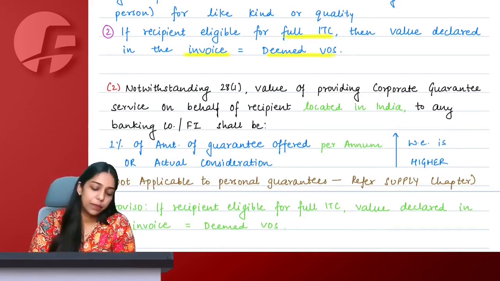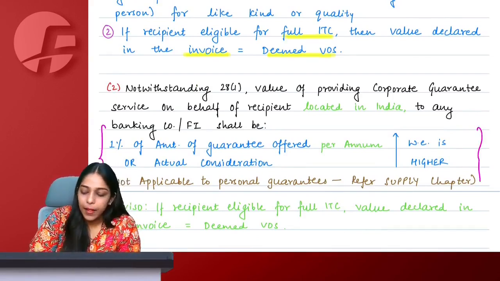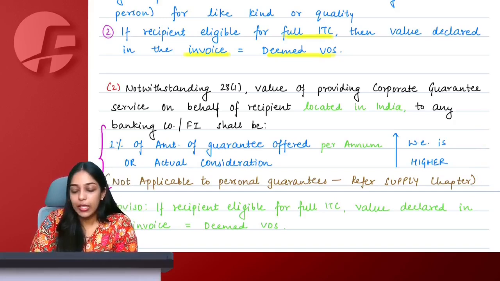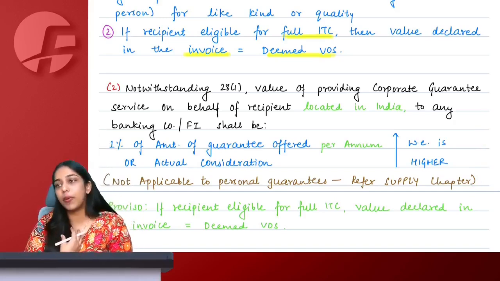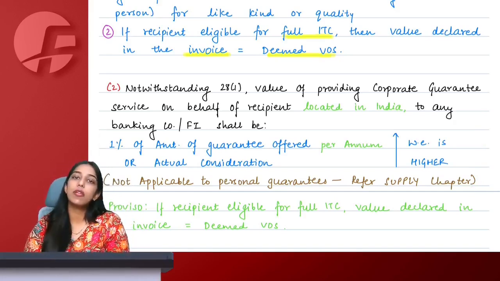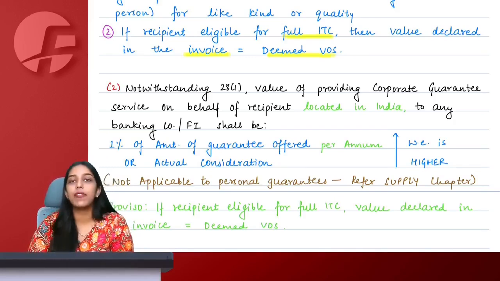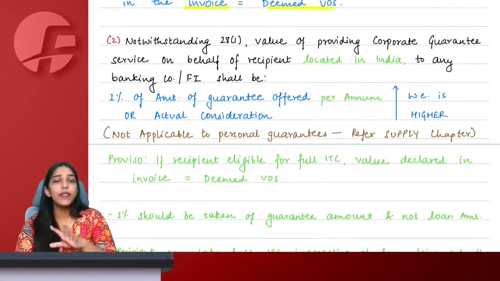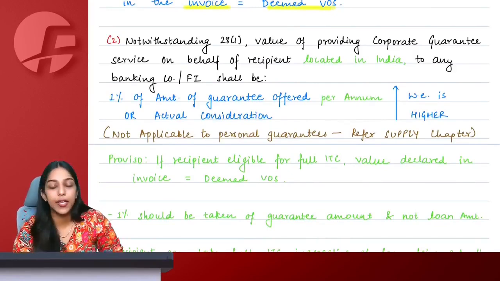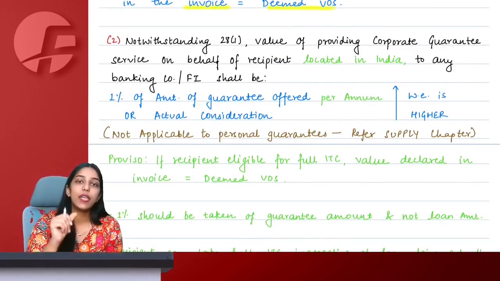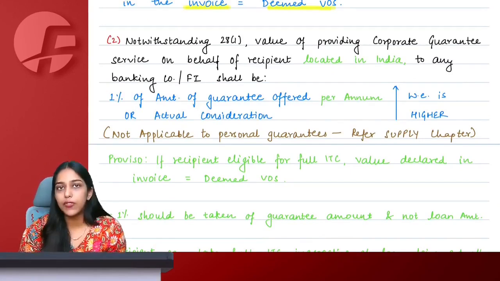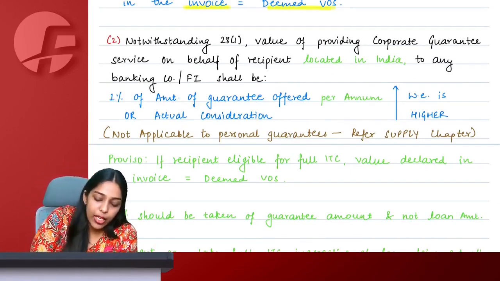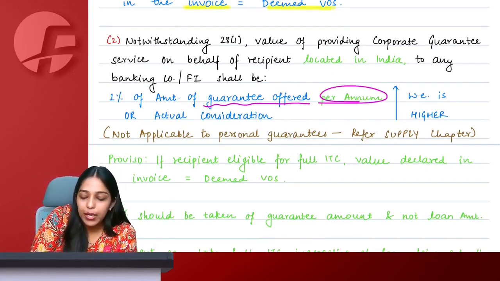Now what to do? Here we are saying that if the company taking the loan, availing the corporate guarantee services, is not eligible for full ITC, then what should be the value of supply? Here we are not saying open market value or anything. Government has given a straightaway formula to calculate the value of supply. Government is saying whatever is the guarantee offered per annum.